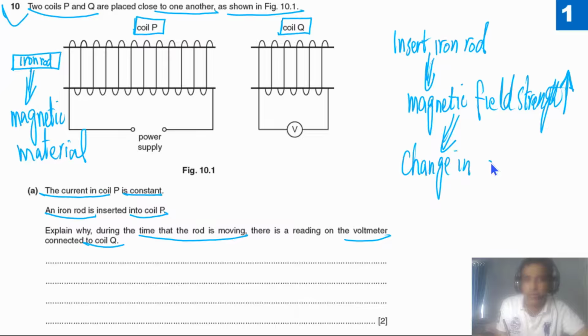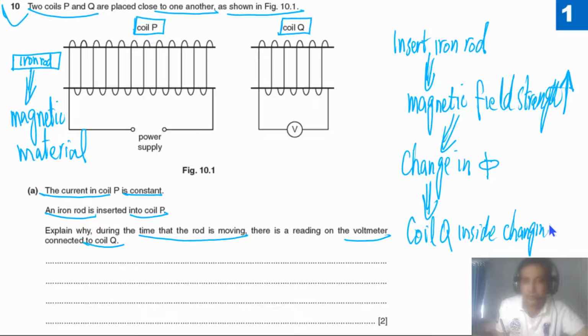Change in phi means change in magnetic flux. So here is a change in magnetic flux, and here there will also be a change in magnetic flux. As there is a change in magnetic flux here, and inside the changing magnetic field we have a copper coil, or simply we can say coil Q, inside changing flux.